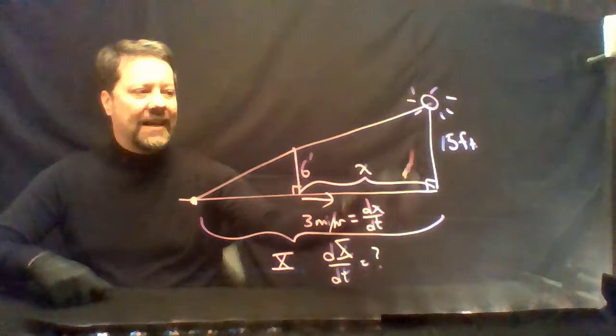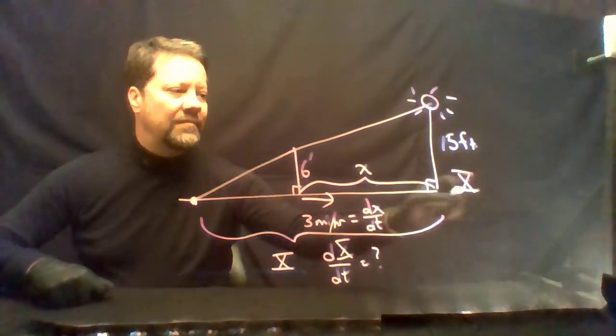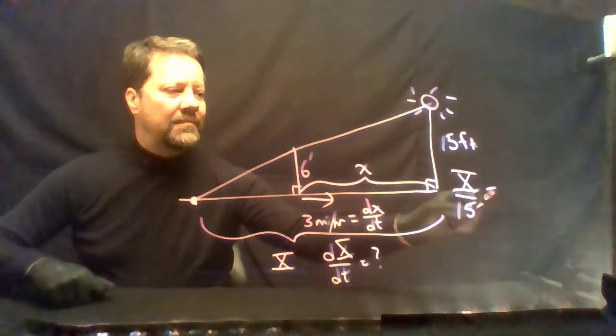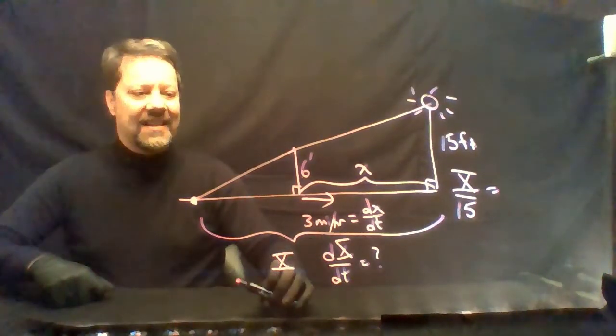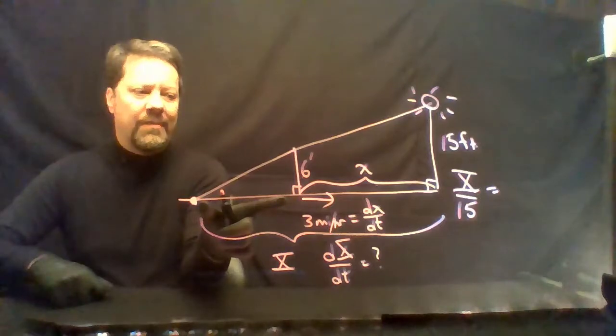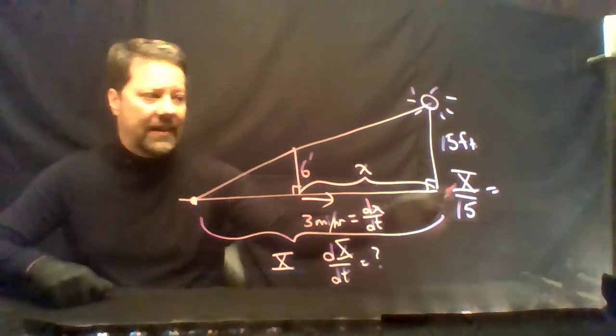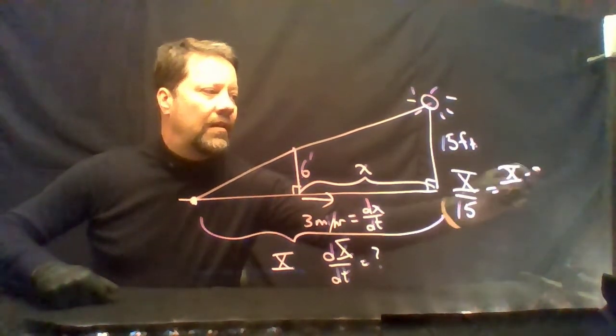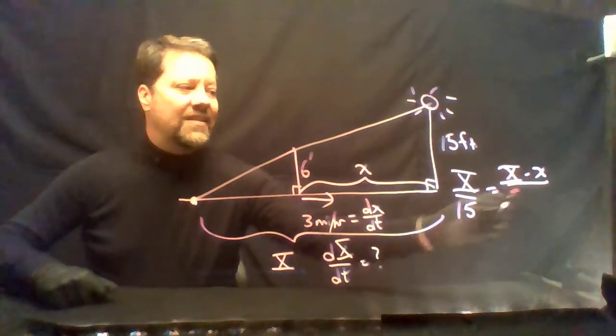First, we have big X divided by 15 is equal to this smaller distance, which is going to be big X minus little x, divided by 6.